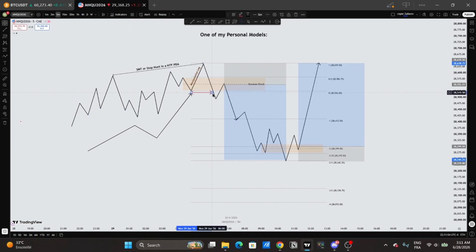Now that we have these two conditions, an SMT or a stop hunt in a higher time frame PD array, and a market structure shift, now we're going to mark out our breaker block.